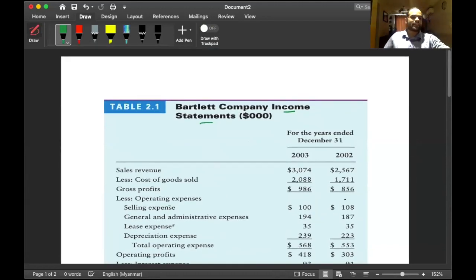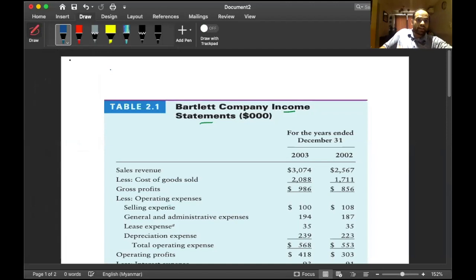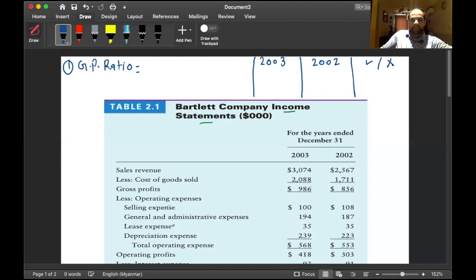So let's start with calculating all the ratios. Of course you're going to calculate it, but I'm writing here. The first ratio is a profitability ratio. In profitability ratio, the first ratio is the gross profit ratio. We calculate the ratio here: 2003, you show your 2003 number here, here 2002, and here good or bad, right?